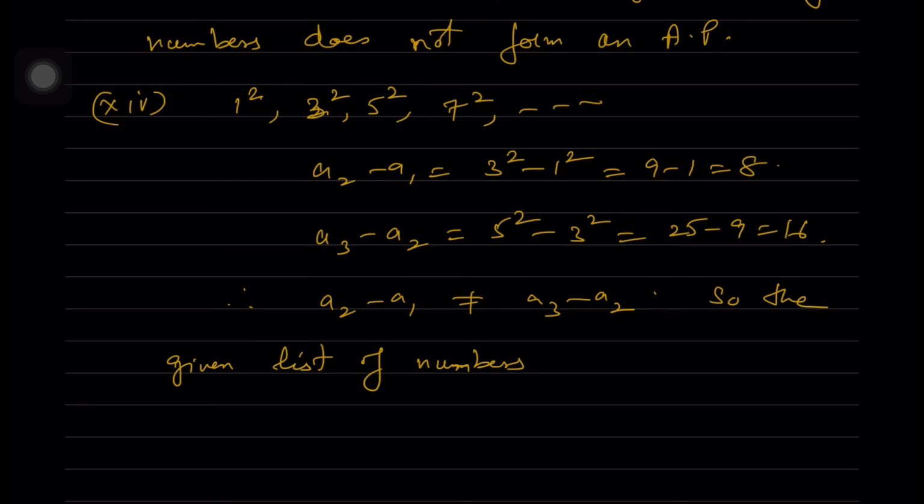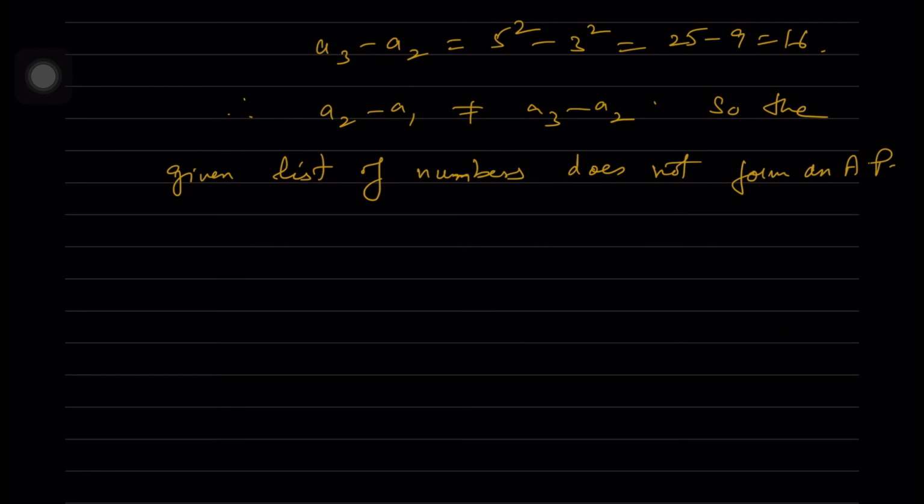So therefore a2 minus a1 is not equal to a3 minus a2. Therefore the given list of numbers does not form an AP.